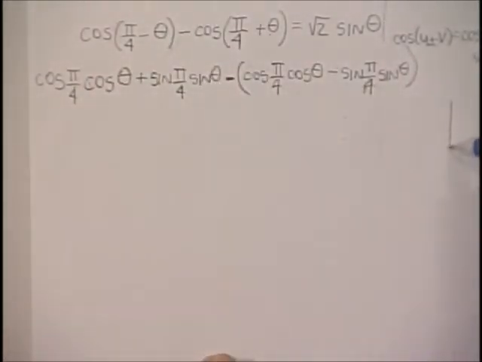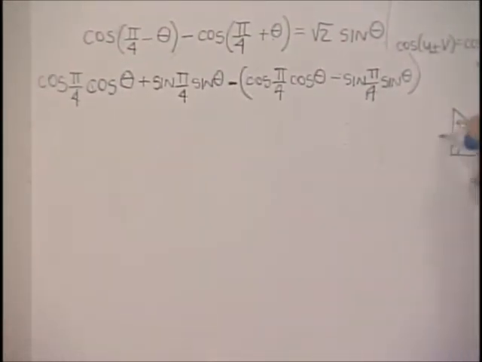You go to your special triangle. You have a 45, 45, 90. Pi over 4 is the radian equivalent to 45 degrees. The ratios on the triangle are 1, 1, radical 2. So the cosine, by definition, is the adjacent to the 45 over the hypotenuse.